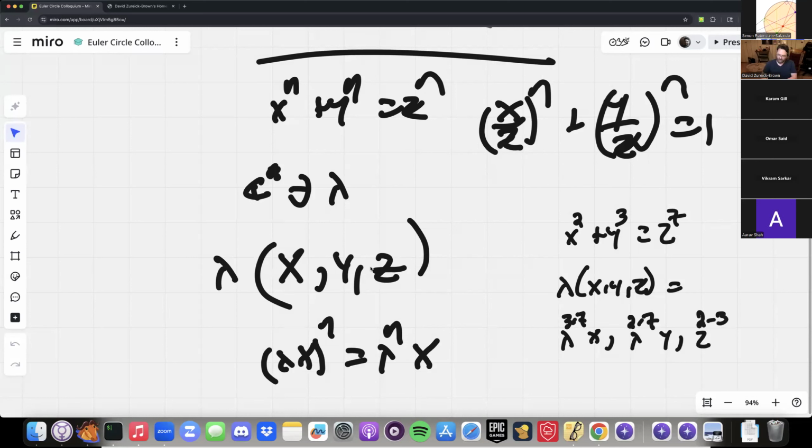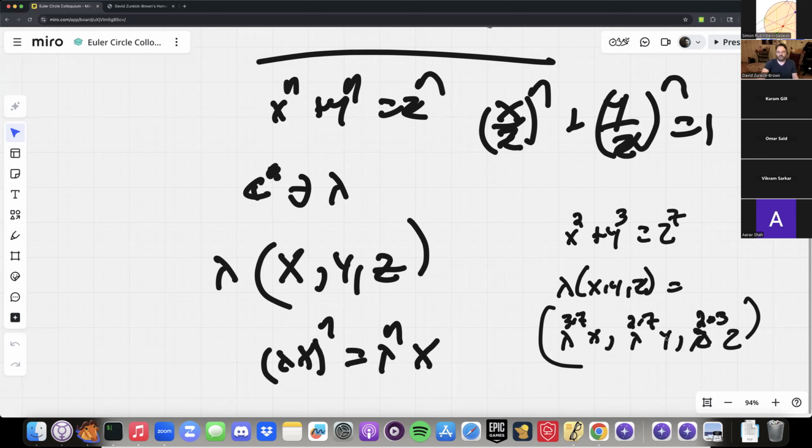These are times, not minus. What I'm trying to capture in this formula is that if x, y, z solved this equation, and if lambda is any complex number, then this thing on the bottom also solves this equation. And so the difference is we had to add exponents into our scaling procedure.